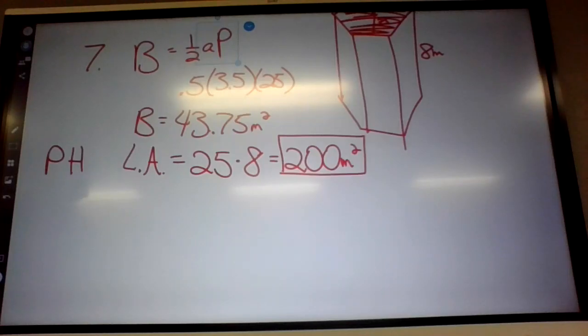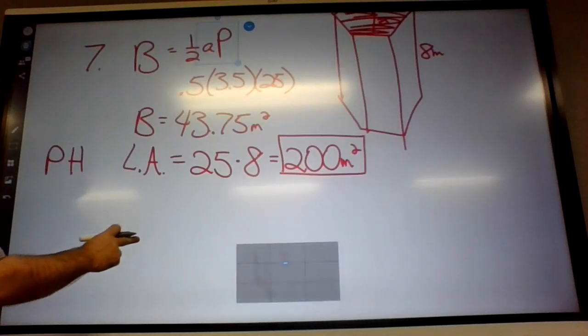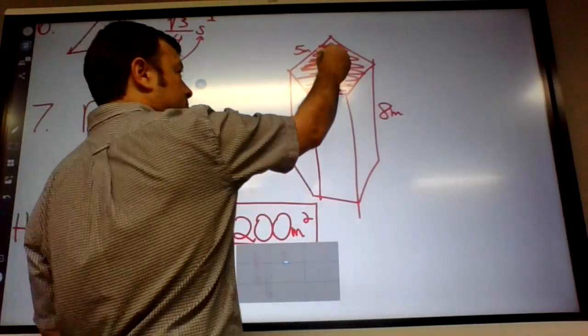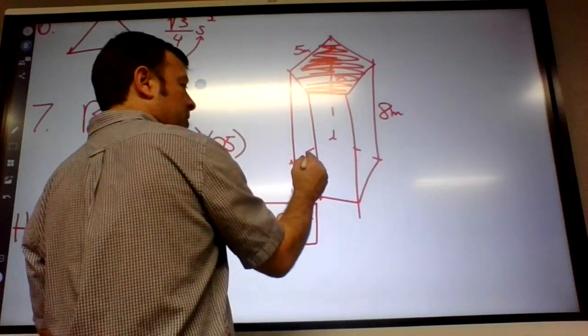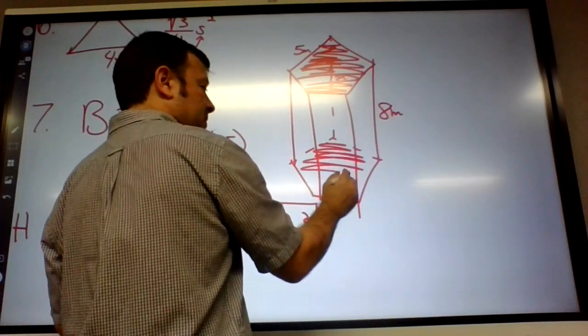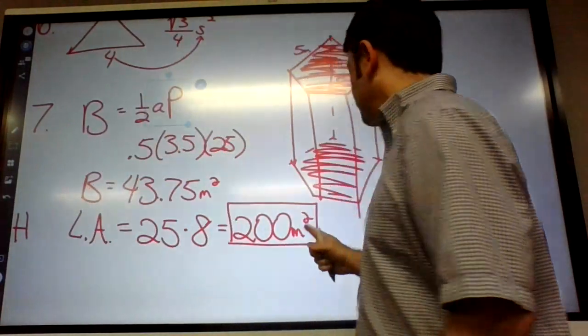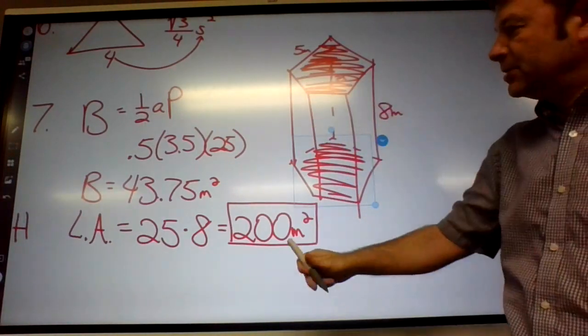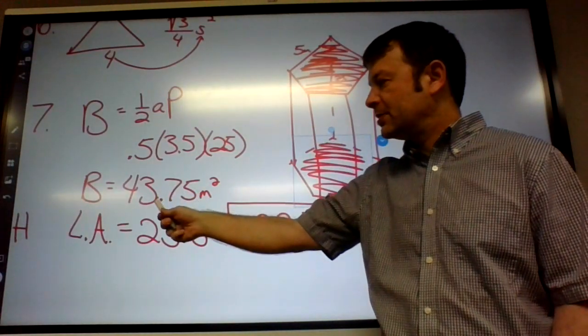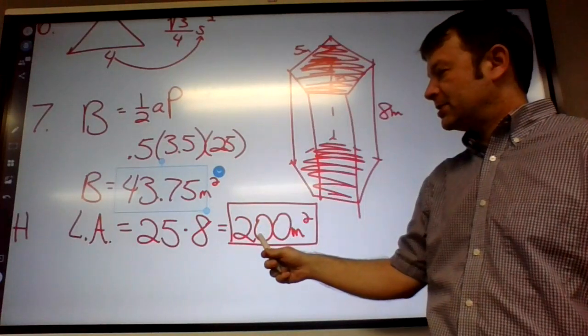Now, how do I find the total surface area? We need 2 base areas plus the lateral area. So we need 2 of these plus this.